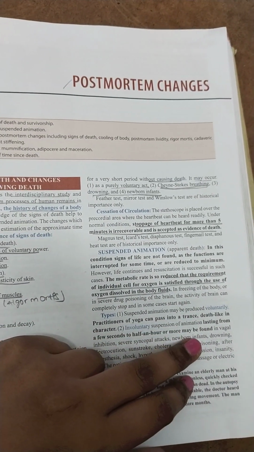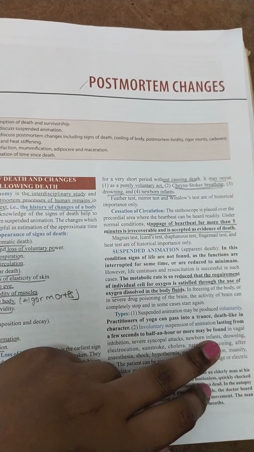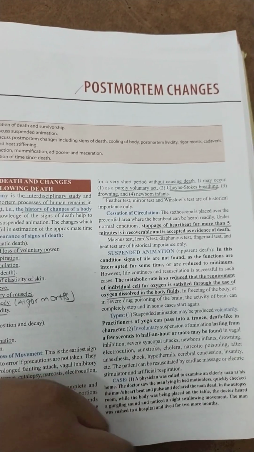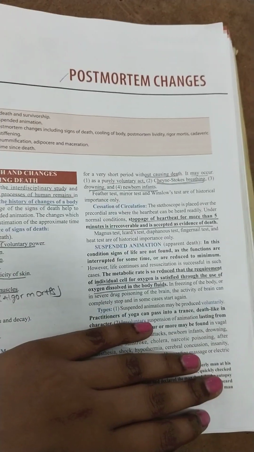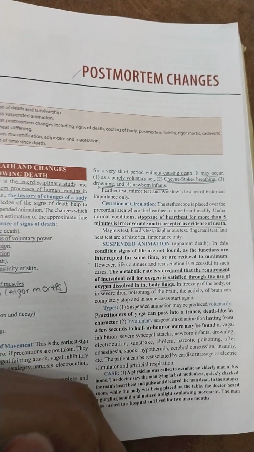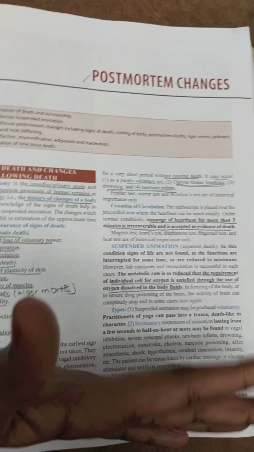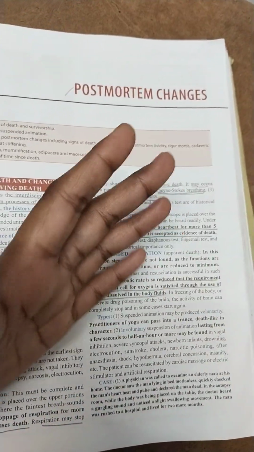Okay. In freezing of the body or in severe drug poisoning of the brain, the activity of the brain completely stops, and in some rare cases it will start again. So types: one is suspended animation that occurs in practitioners like yogis, who go into a trance with a death-like character, shavasana, like that.